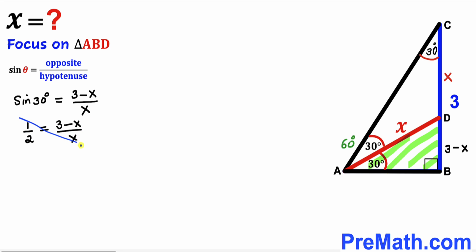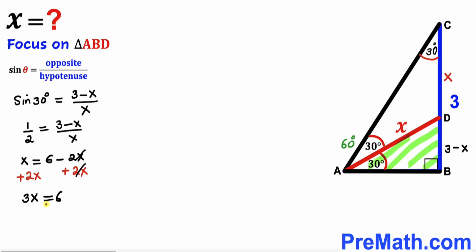Now we are going to cross multiply. So we can write x equals 6 minus 2x. Now I'm going to add 2x on both sides. On the left-hand side, x plus 2x gives us 3x equals 6.